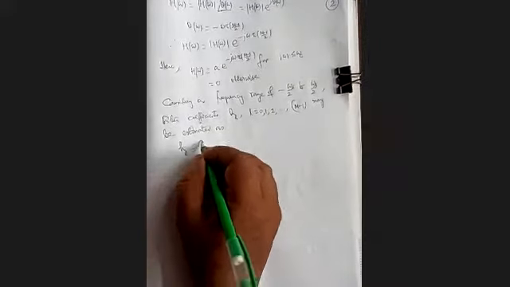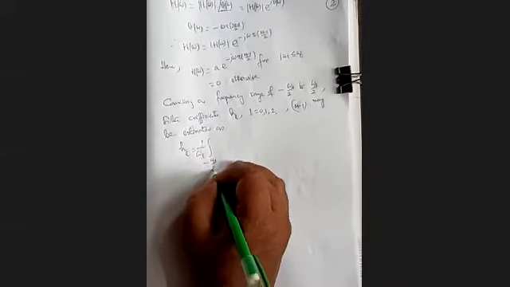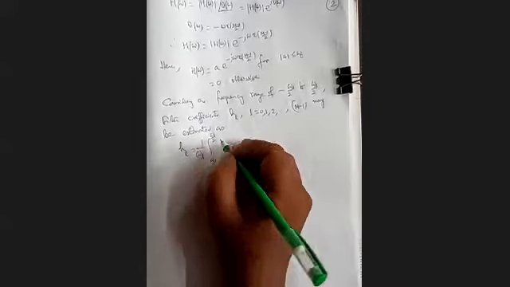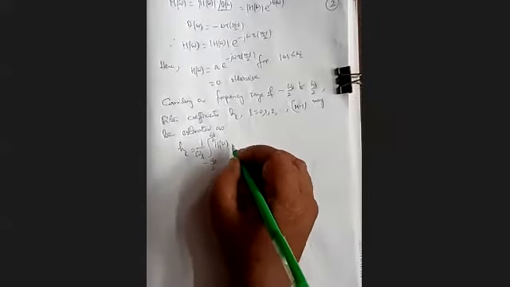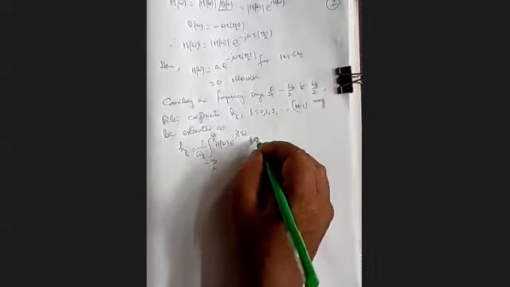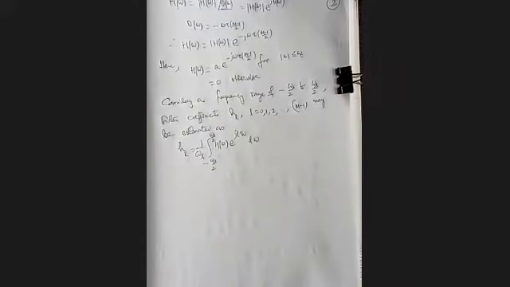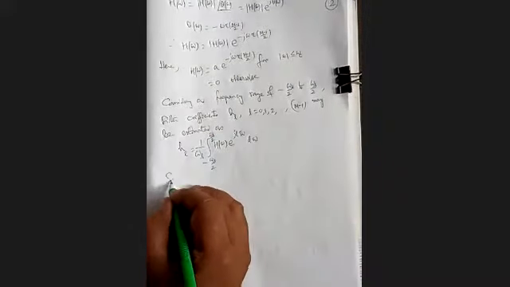So h L equal to what? 1 by omega s, integration from minus omega s by 2 to plus omega s by 2 of H omega e to the power j L tau omega d omega. So now we substitute the value of H omega.